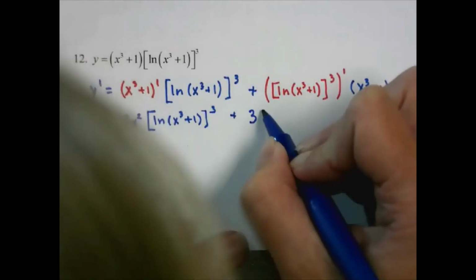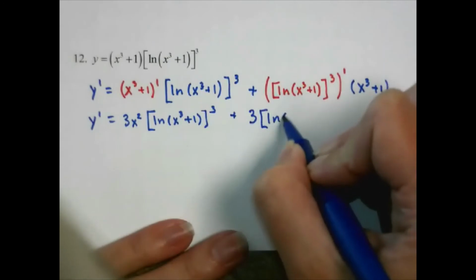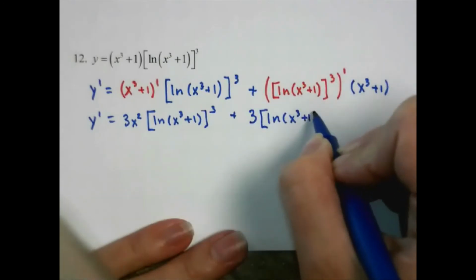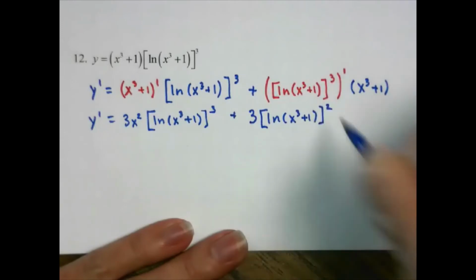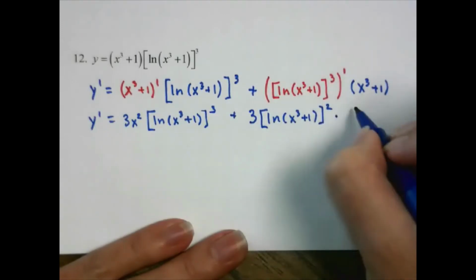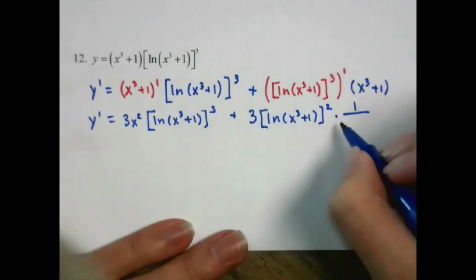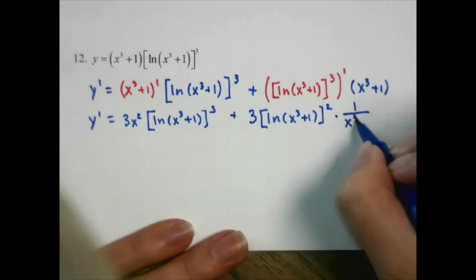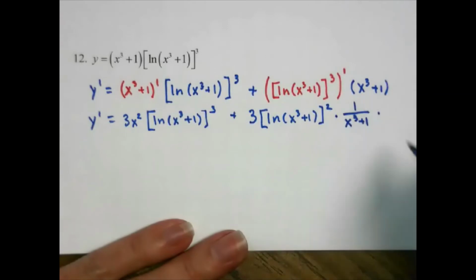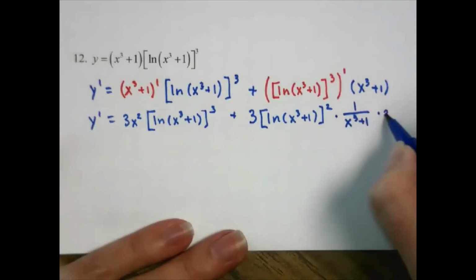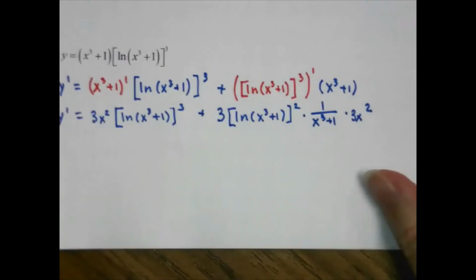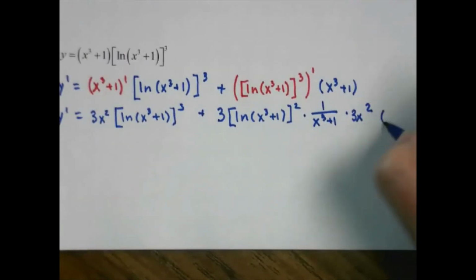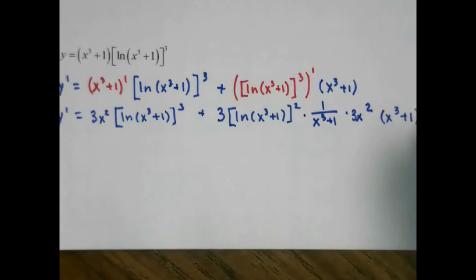So our first is going to be 3 times ln of x cubed plus 1 squared, times the derivative of natural log, 1 over x cubed plus 1. Then the derivative of x cubed plus 1 is 3x squared. And we will multiply that by x cubed plus 1.